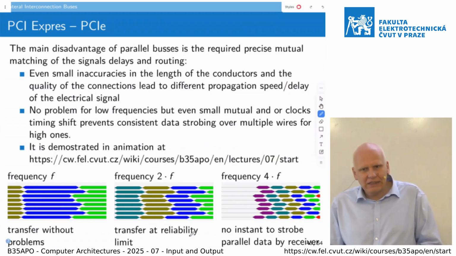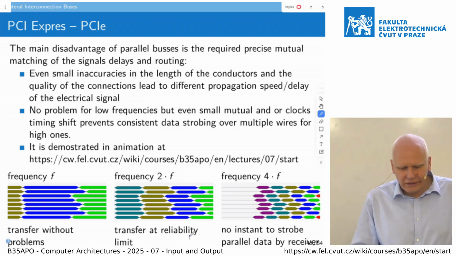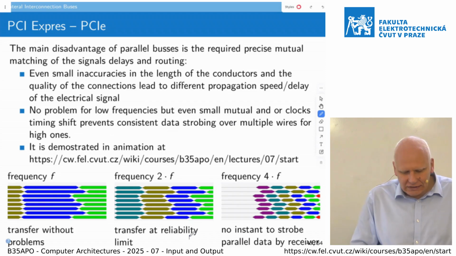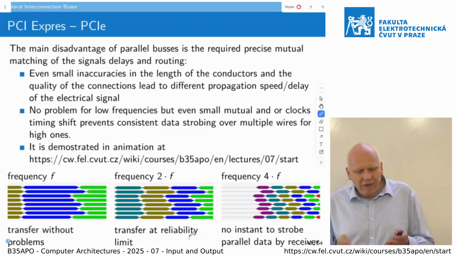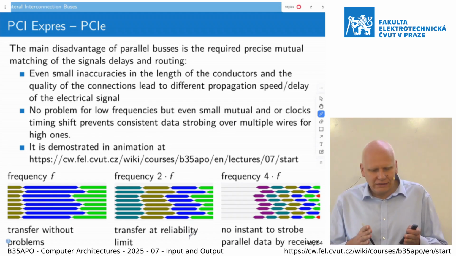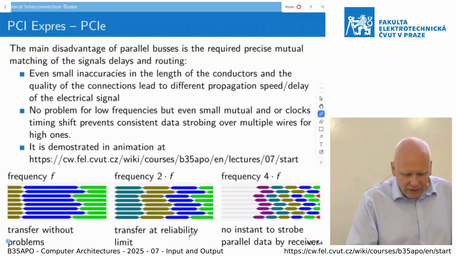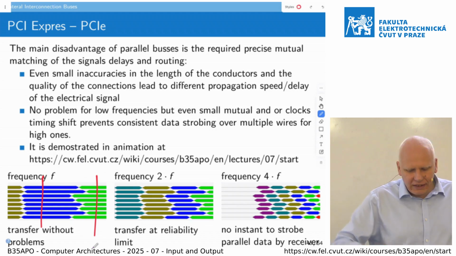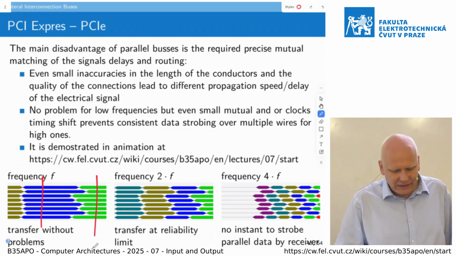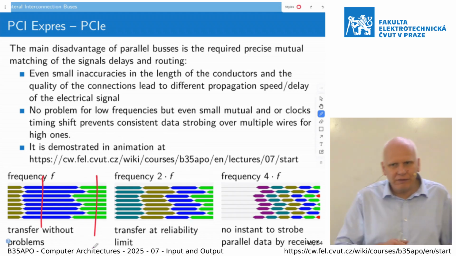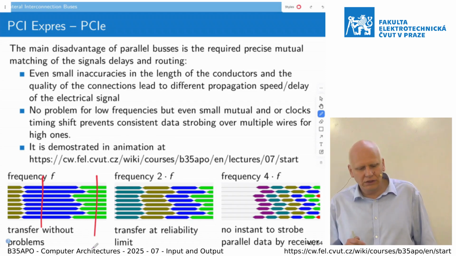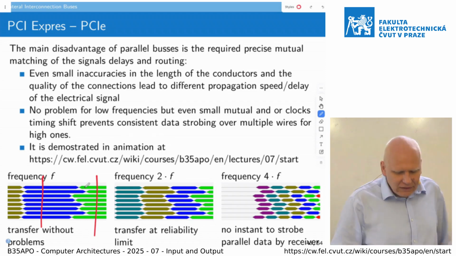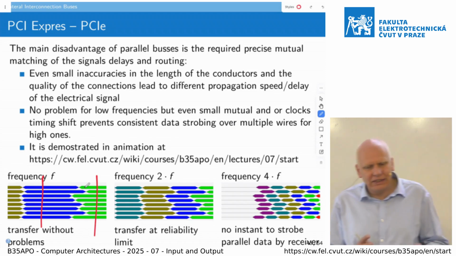The main disadvantage of those parallel buses is that if you want to send data in words one after another at relatively high frequency, then the individual wires routed on the board have slightly different delays.